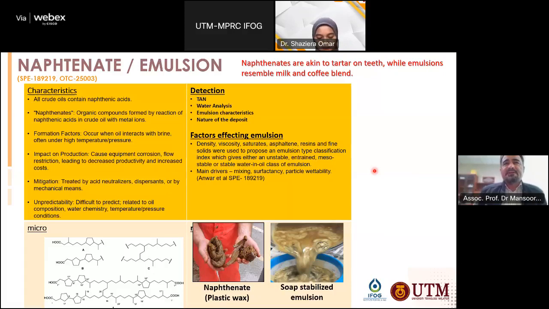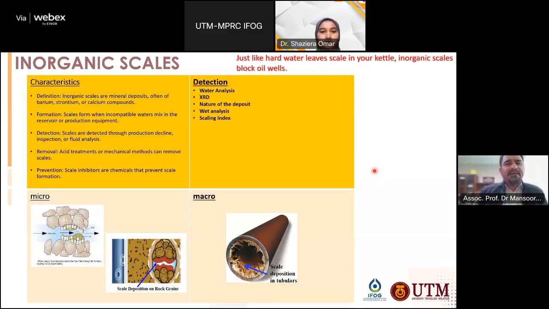We can use emulsion characteristics for the emulsion, of course. And the factors affecting emulsion are the density, viscosity, and also saturates, the amount of asphaltene, resin, and fine solids. This can actually affect the emulsion.